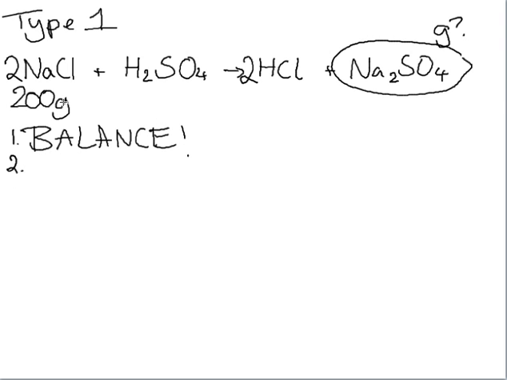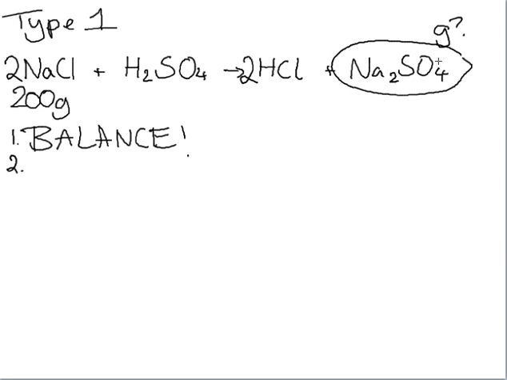You have to convert what you're given, which is 200 grams of NaCl, to moles. Why do we have to convert it to moles? Well, we can't get the answer from grams to grams like that, because there is no grams connection in the equation we're given.